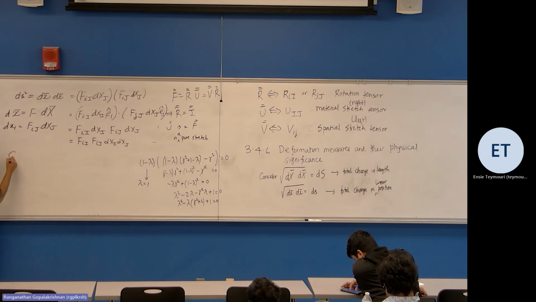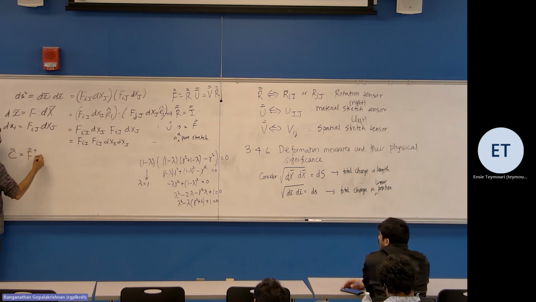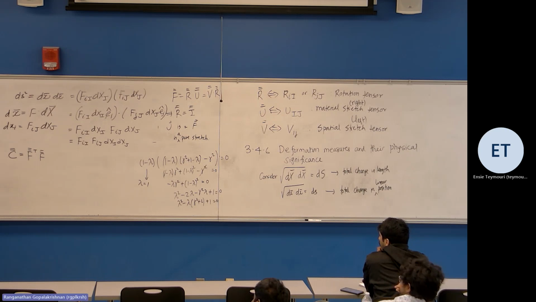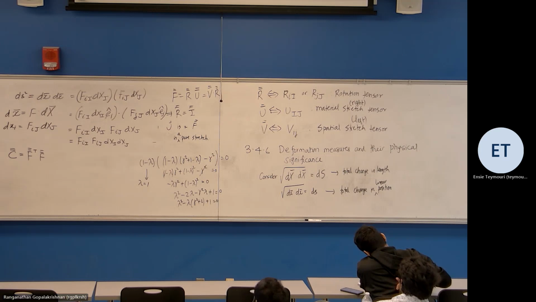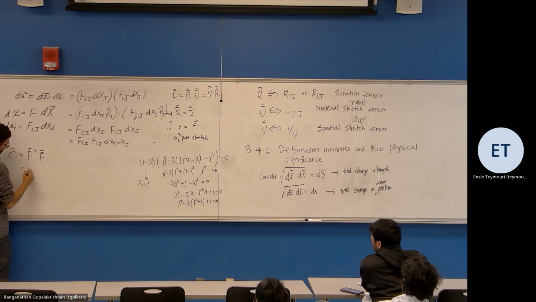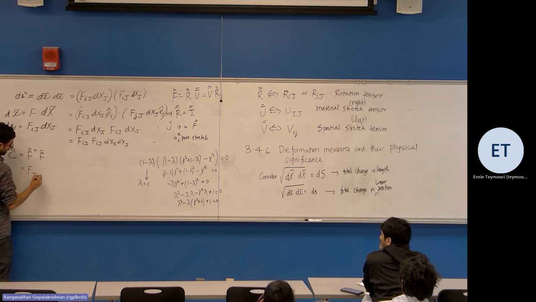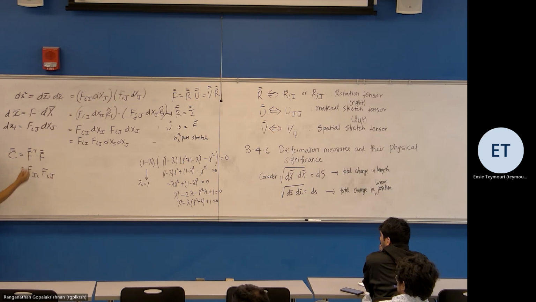You recall what is C? C was F transpose times F, right? Making sure. Yeah, F transpose times F. That would be FiI multiplied by FiJ.